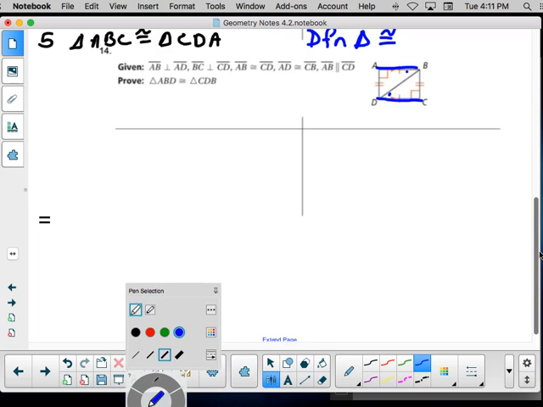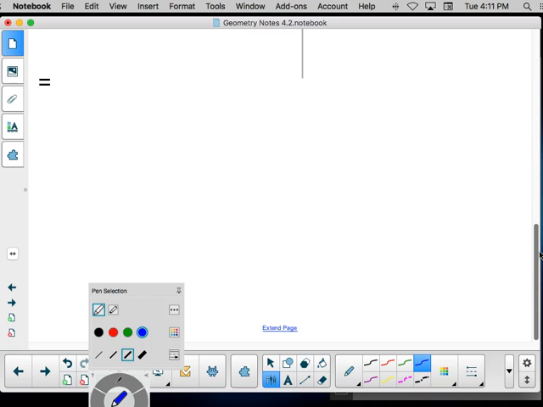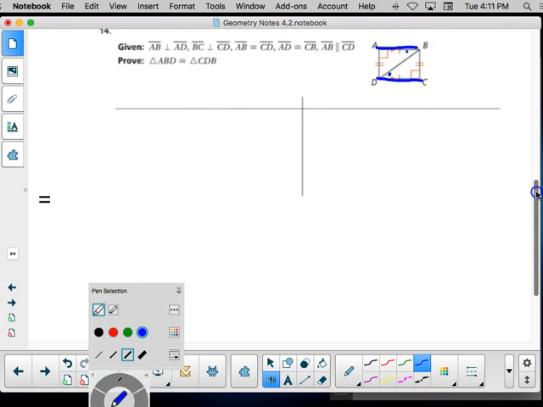Okay, so I'm going to give us some more room here and slide this up to there. So the first thing I'm going to go is my given. Step 1, AB is perpendicular to AD. BC is perpendicular to CD. Remember, those make right angles, okay?